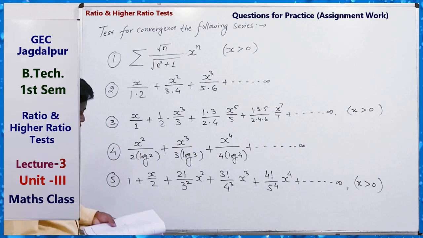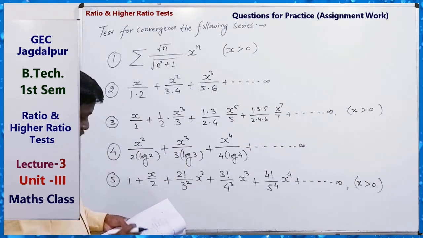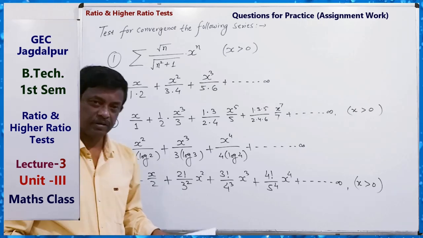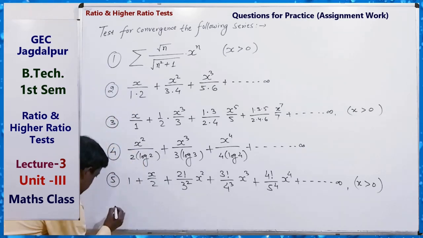Clear? So here 3 square, 4 cube, 5 power 4 and 2 factorial, 3 factorial, 4 factorial, with x square, x cube, x power 4. Okay. Now 6.